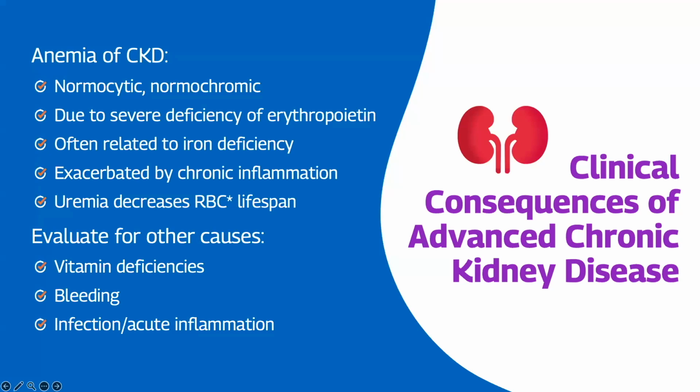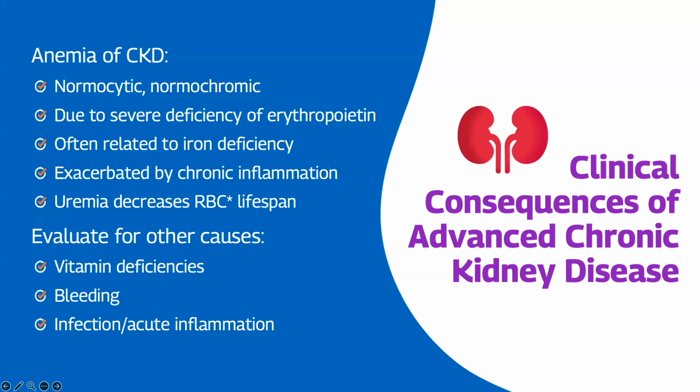Added to the diseased kidneys' inability to produce erythropoietin, this anemia is often related to reduced availability of iron. So it's going to be exacerbated by the chronic inflammation of uremia, which we know is going to be shortening the lifespan of those red blood cells, also known as RBCs.